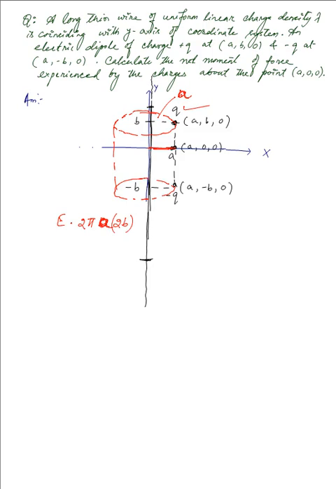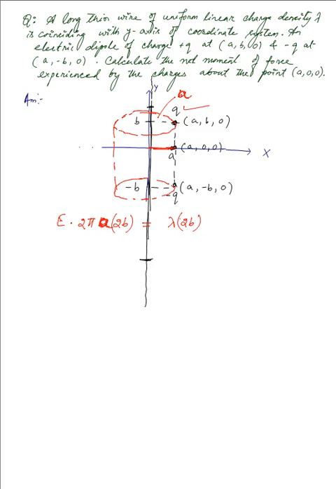So that is the curved surface area of the cylinder enclosing any charge lying within it, and that is going to enclose a certain amount of charge which is equal to lambda, which is the charge per unit length, multiplied with the given length, which is from b to minus b, which is going to be equal to 2b.